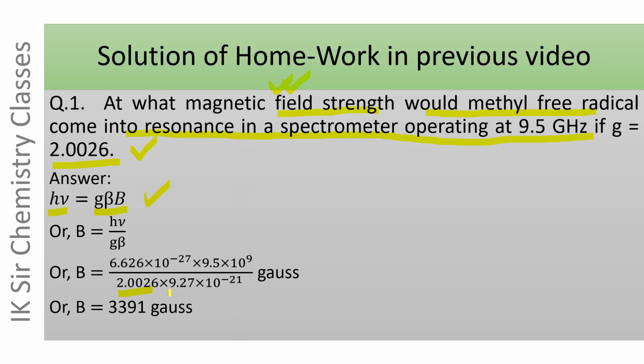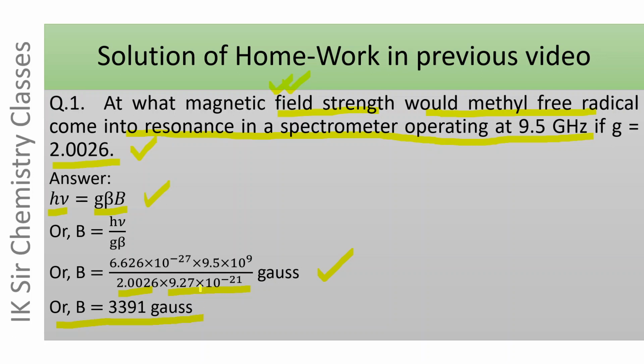It is equal to 9.27 into 10 to the power minus 21 erg per Gauss, and the overall unit of B is Gauss. On solving this expression, we get B is equal to 3391 Gauss.